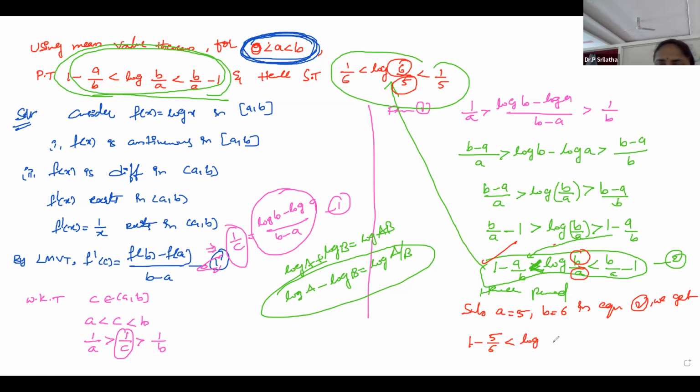B value is 6 divided by a value 5, is less than 6 by 5 minus 1. After simplification in the next step, 6 minus 5 by 6, that is 1 by 6, is less than log of 6 by 5 is less than 1 by 5, isn't it? Very simple, hence proved.